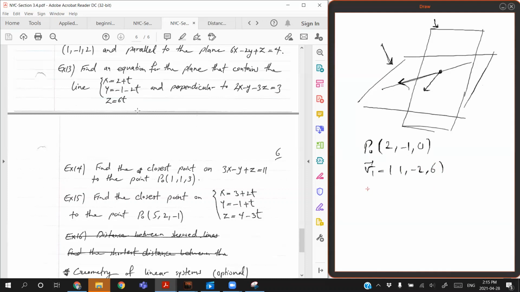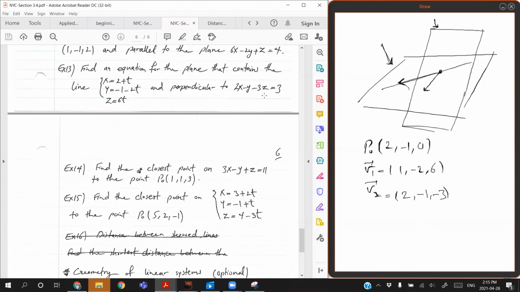And then for V2, I can use the normal vector for this plane. Yes, the normal vector for this plane is (2, -1, -3). And that's it.